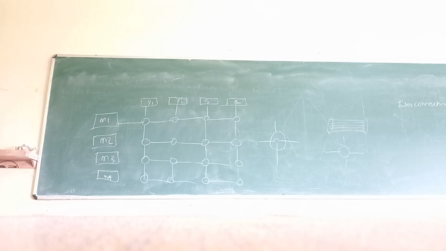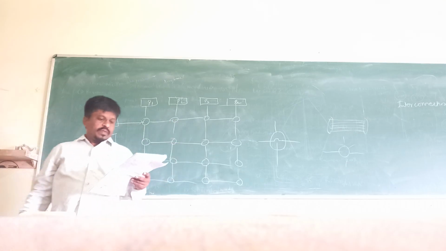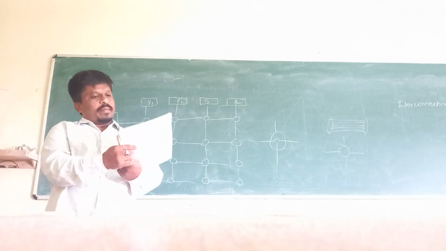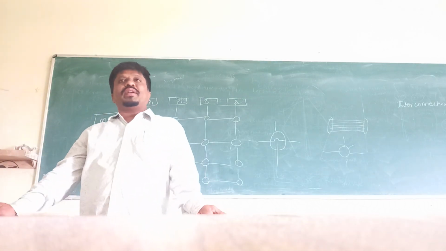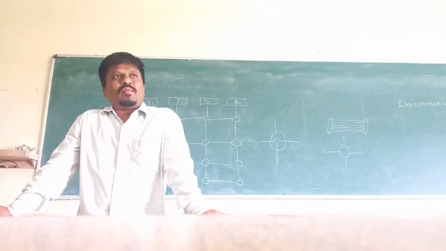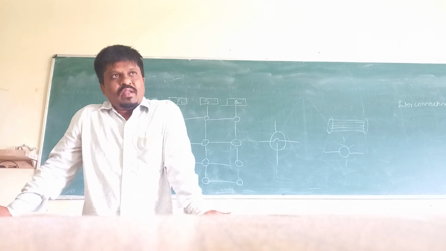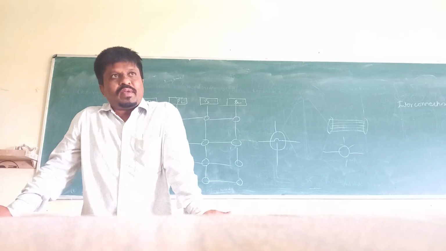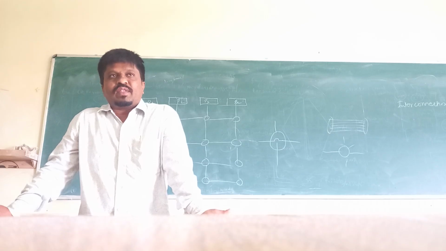This can also be used for switching purposes. The main advantage of crossbar switches is that they give simultaneous communication from one processor to memory. The cost of the switches is somewhat more, which is the main disadvantage, but more devices can communicate with each other with the help of the switches and links.